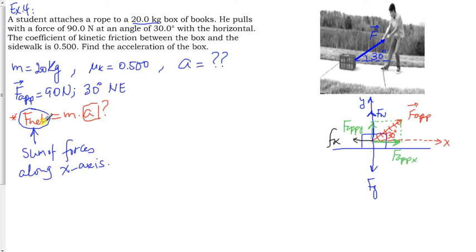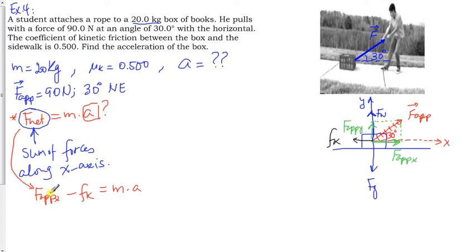Now, F net is the sum of forces along x. I have F applied x minus Fk is equal to F net. So F net here is F applied x minus Fk is equal to m times a. So to find the acceleration, I need to know the mass, Fk, and F applied x.